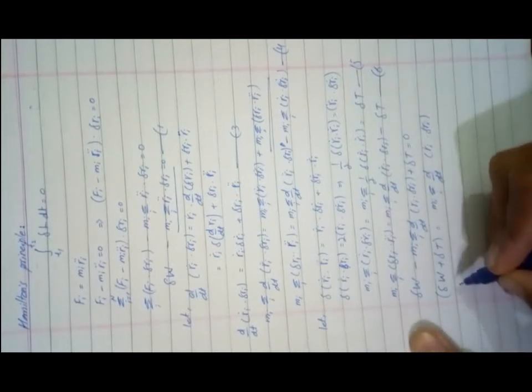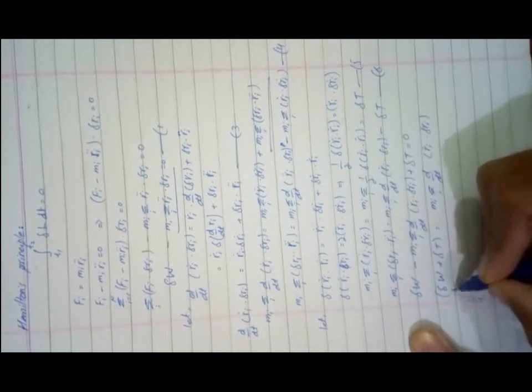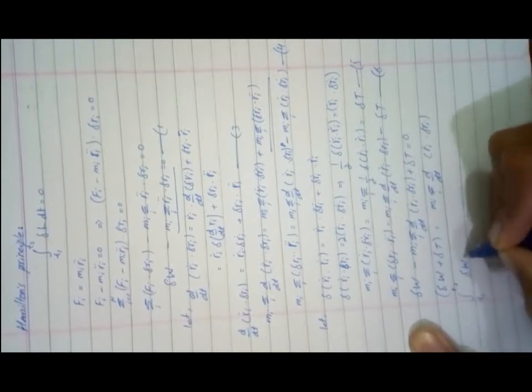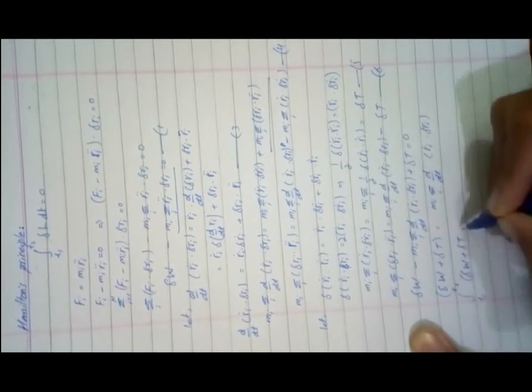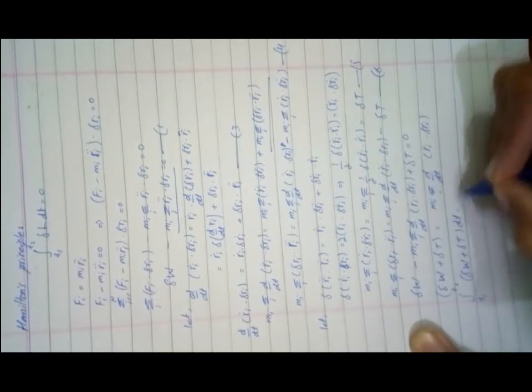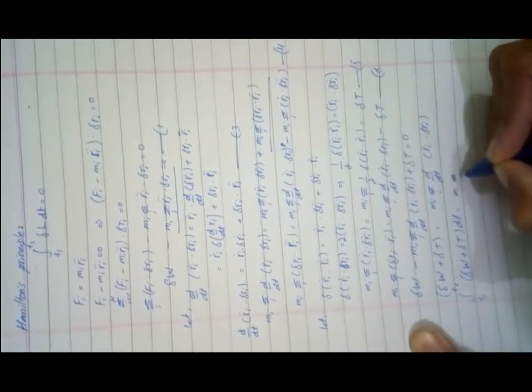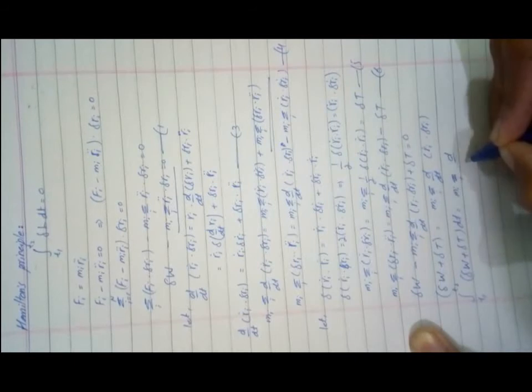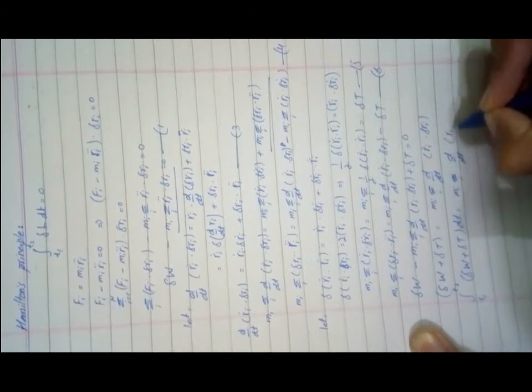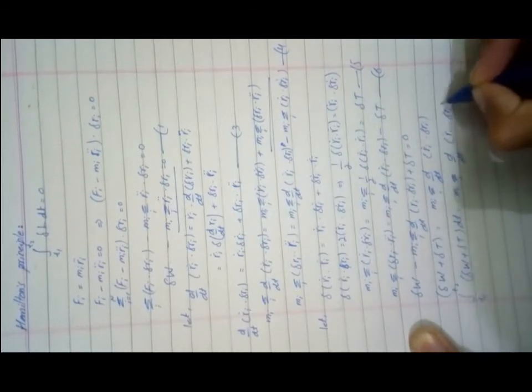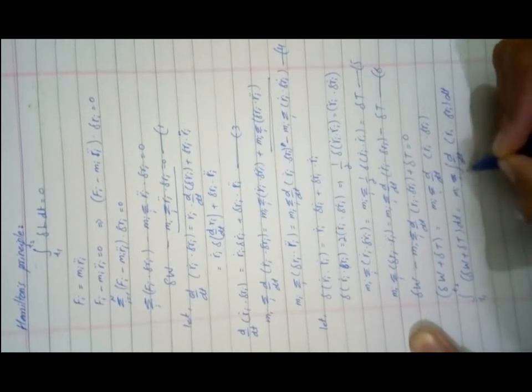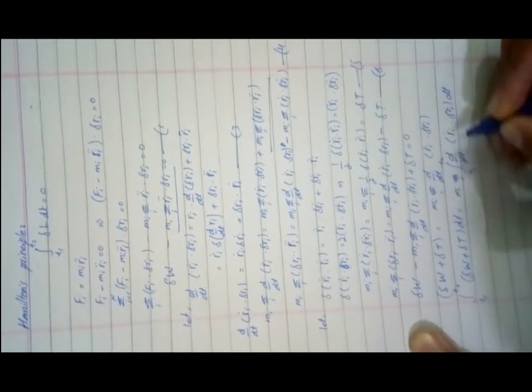Taking derivative on both sides and then integrating from t1 to t2, we have the integral of (del W plus del T) dt equals summation mi d over dt (ri dot dot del ri) dt from t1 to t2.